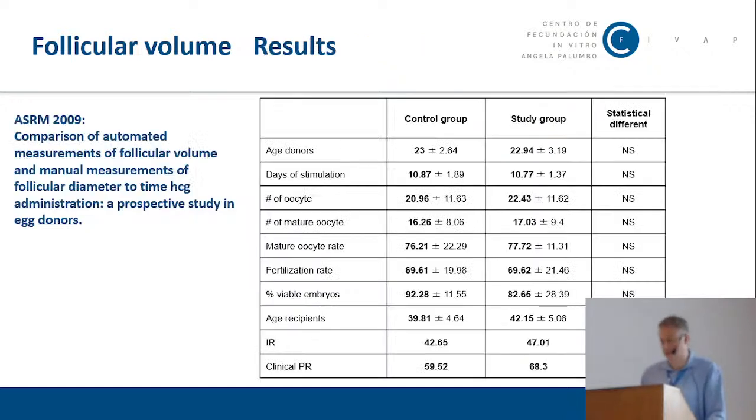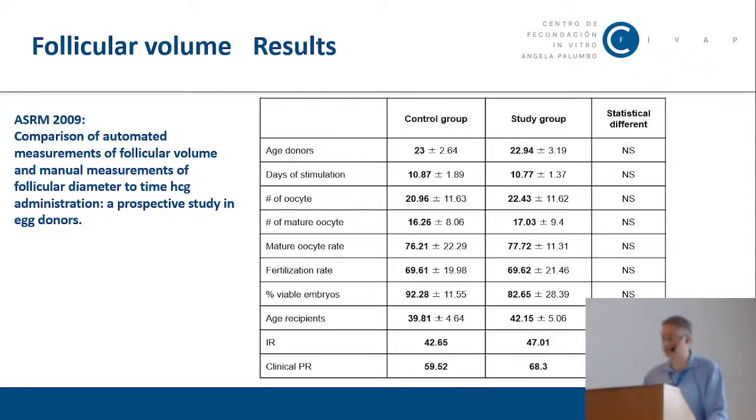To validate this concept of minimal volume, we have conducted several studies. In 2009, we published this result using oocyte donors. In the control group, we used the standard criteria of the measurement of the largest diameter to decide the trigger day. And in the study group, we used volume as the criteria for the trigger day.